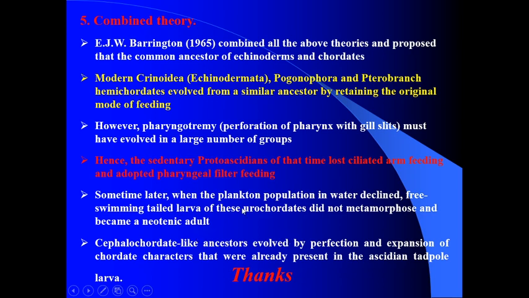Sometime later, if the plankton-like material was not available, if it declined in the water, then there was a need for a certain feeding mechanism. That means this larva becomes a neotenic adult, and these cephalochordate ancestors show perfection by expansion of the chordate characters, like the Ascidian tadpole larva.